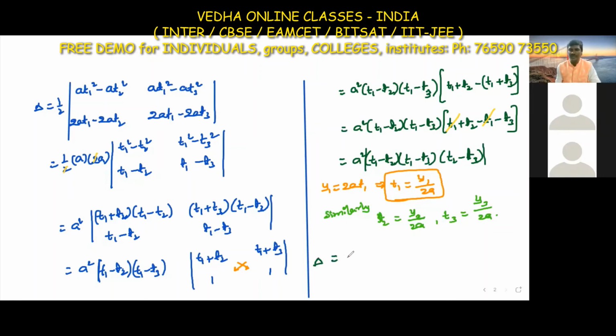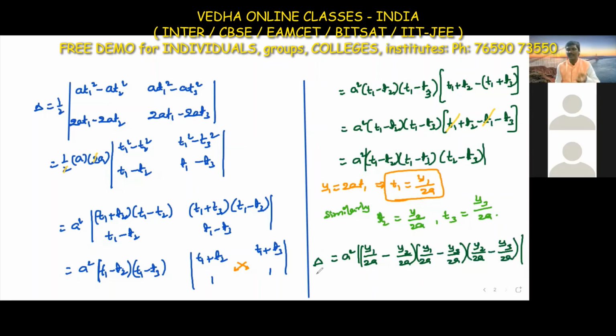So now delta equals a square into, T1 replaced with y1 divided by 2a minus T2, y2 divided by 2a, and T1, y1 divided by 2a minus T3, y3 divided by 2a, and T2 is y2 divided by 2a and T3 is y3 divided by 2a.